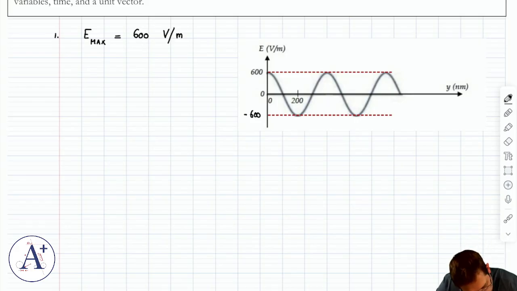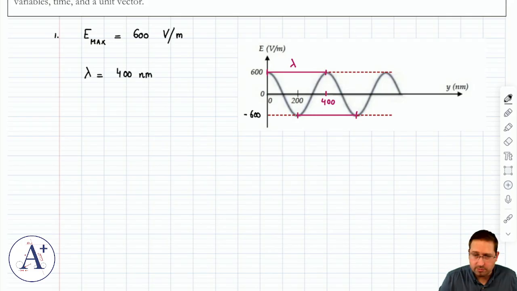Okay, so I got that out of it. Then I can also get lambda. Lambda is the width of the fundamental pattern. So lambda is going to be this. You could argue that lambda is also this, that's true, but it's a little bit easier to find this here. So if this is 200 here, I would expect this to be 400, and I can say that the wavelength is going to be 400 nanometers.